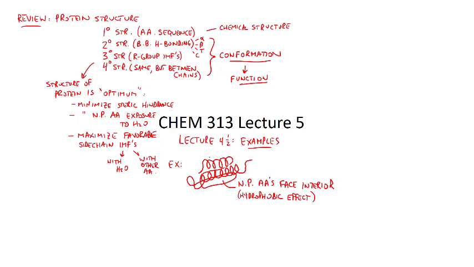But then on the surface, you're going to have some groups that can hydrogen bond with water, and then some other groups that are actually going to be interacting with one another. So for example, maybe at the ends of one of these helices, we have a positively charged group, and we've got a negatively charged group at the end of the neighboring helix.